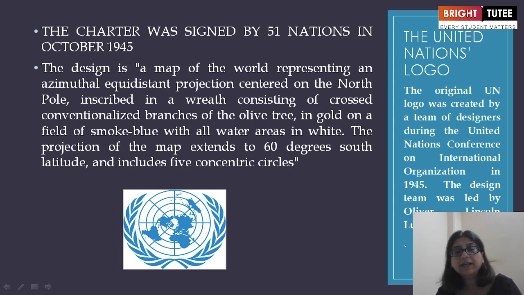The design is a map of the world representing an azimuthal equidistant projection centered on the North Pole, inscribed in a wreath consisting of crossed conventionalized branches of the olive tree in gold on a field of smoke blue with all water areas in white. The projection of the map extends to 60 degrees south latitude and includes five concentric circles.